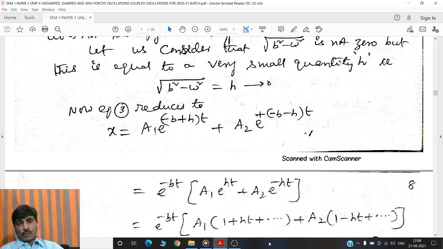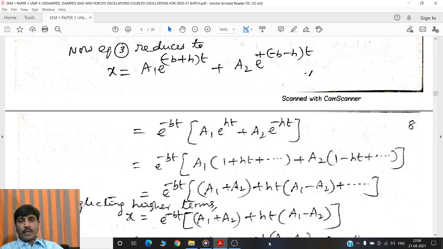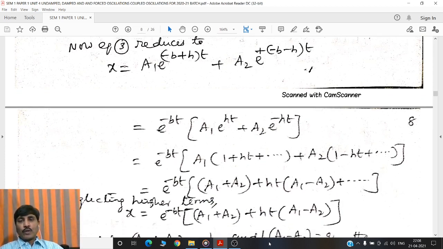tends to 0. Substituting this value in equation 3, we get x is equal to a1 into e power minus b plus h into t plus a2 into e power minus b minus h into t, or x is equal to e to the power of minus bt into a1 into e power ht plus a2 into e power minus ht.